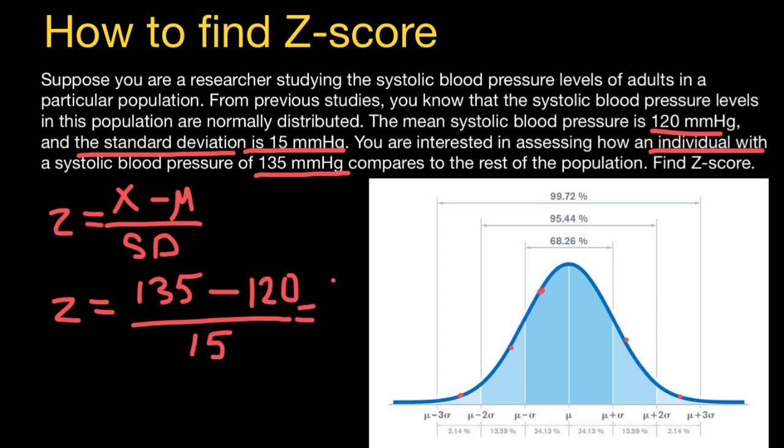So this is going to be 15 divided by 15, which equals 1. So z here equals 1, or 1 standard deviation.